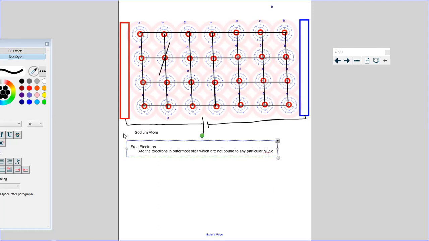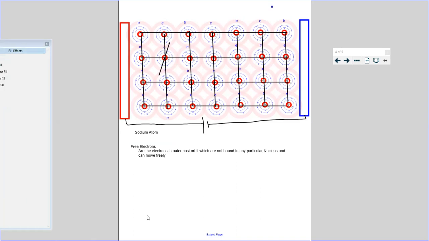But what about all other electrons? They are moving, they are orbiting, but they can never switch their nucleus. Got it? Is it clear?